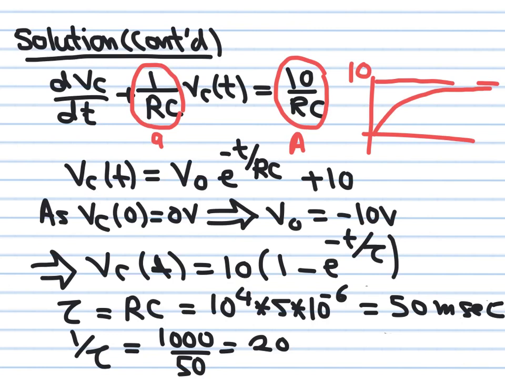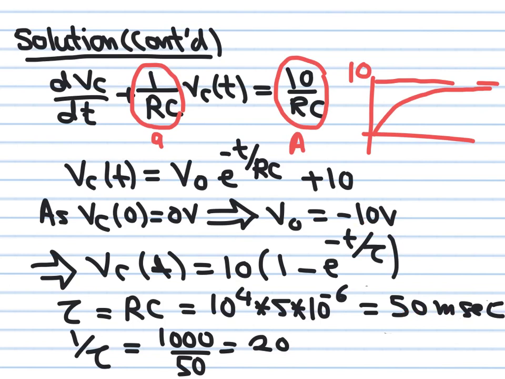The rate at which it is charging is determined by tau. Tau is RC. R is given as 10 kilo ohm, and C is 5 microfarad. You multiply these two together, you get 5 multiplied by 10 to the minus 2, which is 50 milliseconds. Remember, RC will give you units of seconds. So this is 50 milliseconds. But we multiply by 1 over tau.